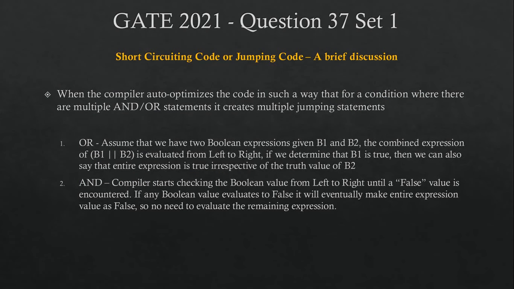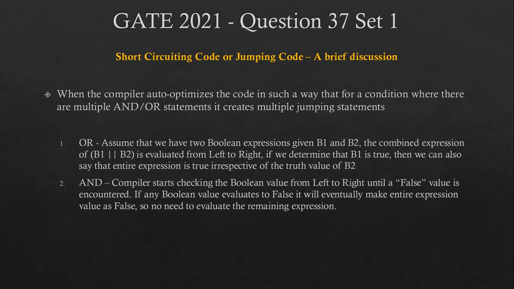So short circuiting code is also called jumping code. When we have a condition in which we have multiple Boolean statements which are combined using AND, OR, etc., in such cases the compiler automatically optimizes the code in the form of if and else jumps.